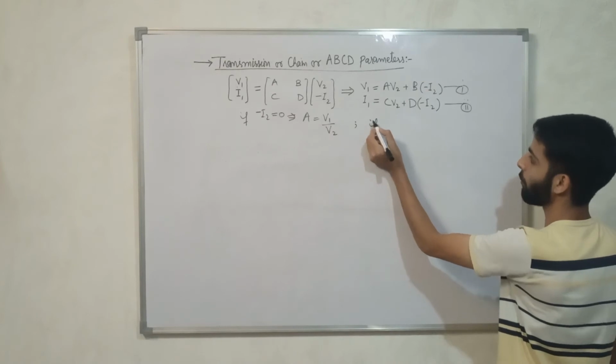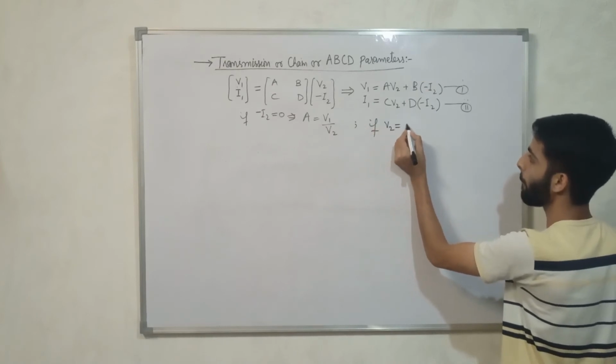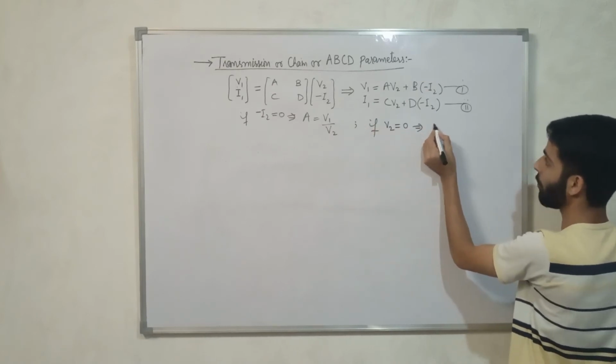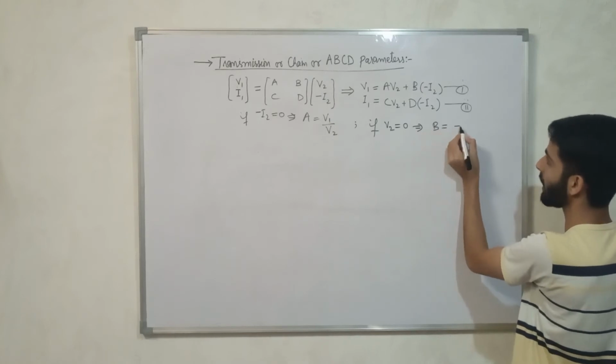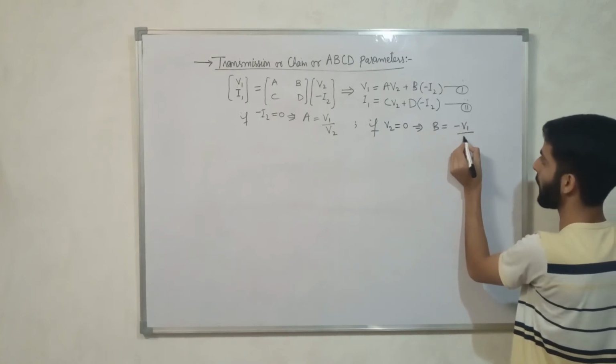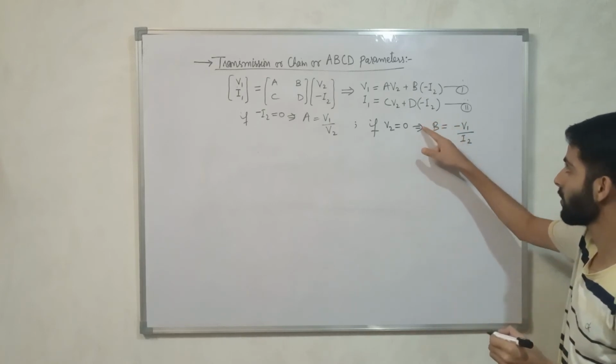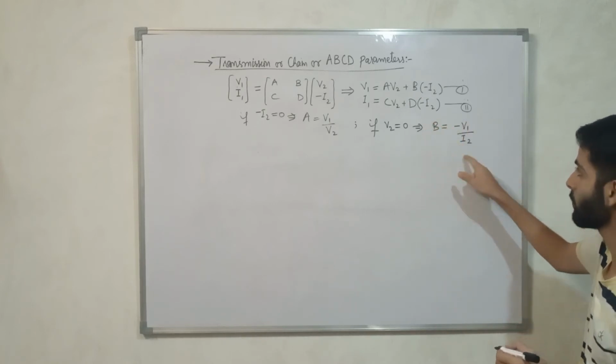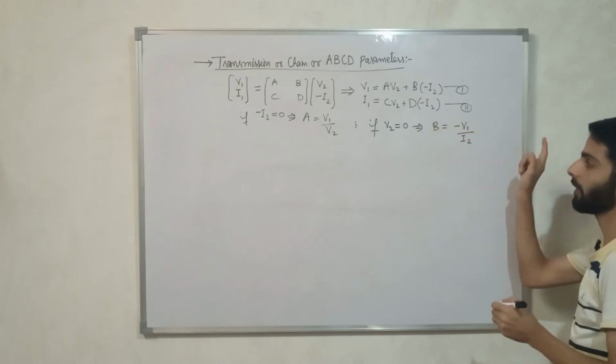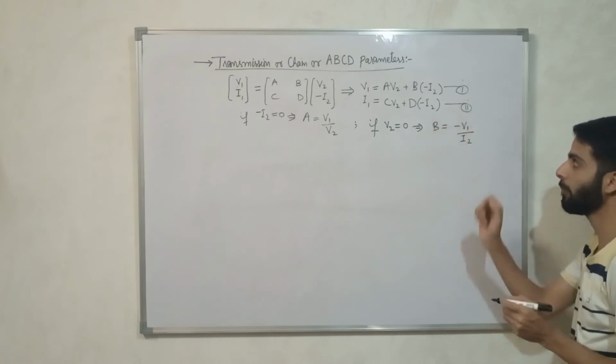If V2 equals to 0, this implies B equals to minus V1 upon I2. This one is again a transfer B parameter.